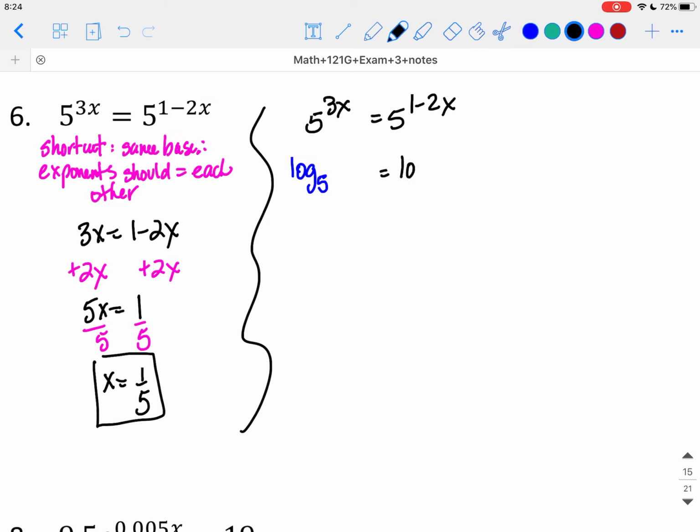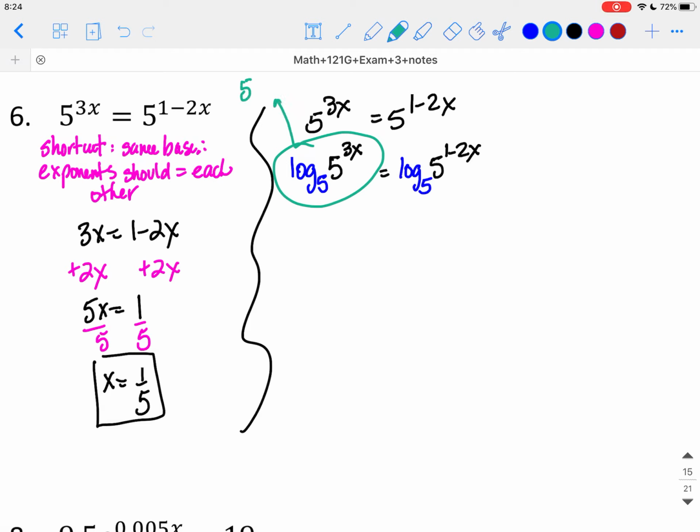So on the left-hand side, I have 5 to the 3x. And I have 5 to the 1 minus 2x.